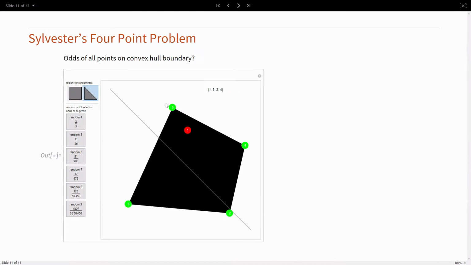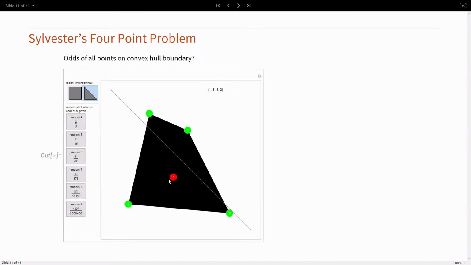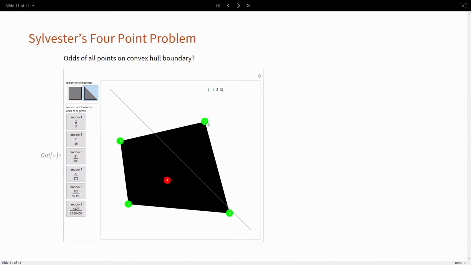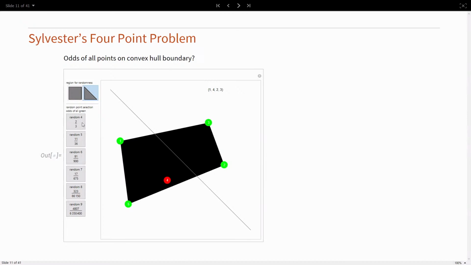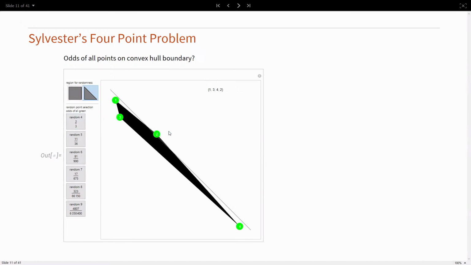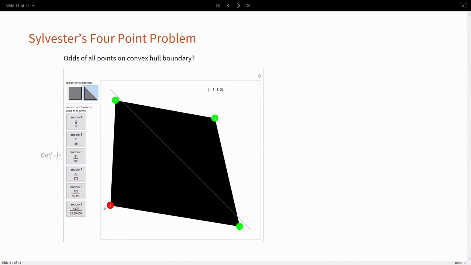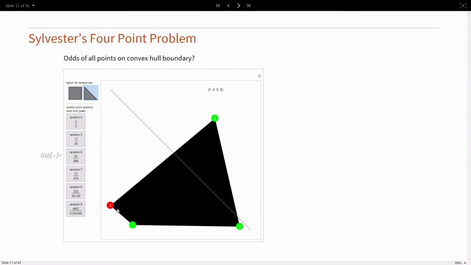Here's Sylvester's 4-point problem. If you have 4 points or 5 points or more, what is the odds that all the points will be on the convex hull boundary? But turns out if you use just 4 points, there's a problem with that point there.